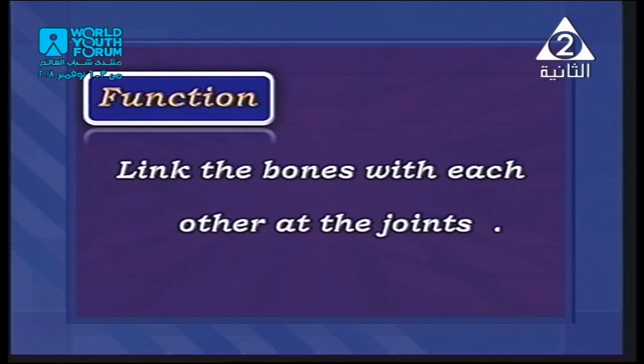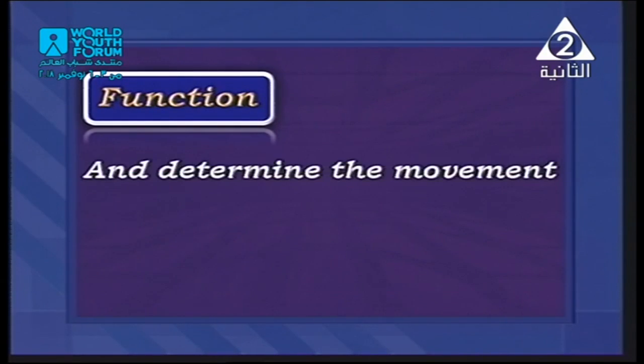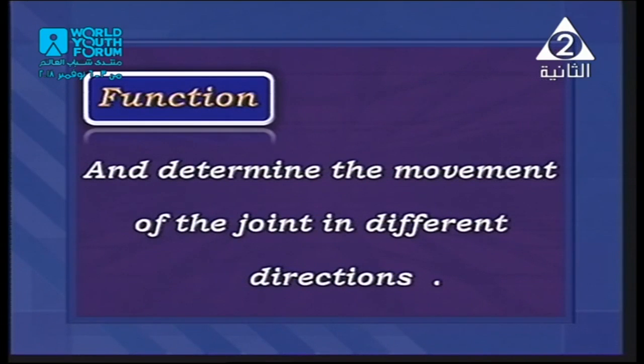They link the bones with each other at the joint, because as we said, when two bones meet each other, the side where they are connected is going to be very weak, and we need to support it with extra functions. So the ligaments link the bones with each other at the joints, and also determine the movement of the joint in different directions.